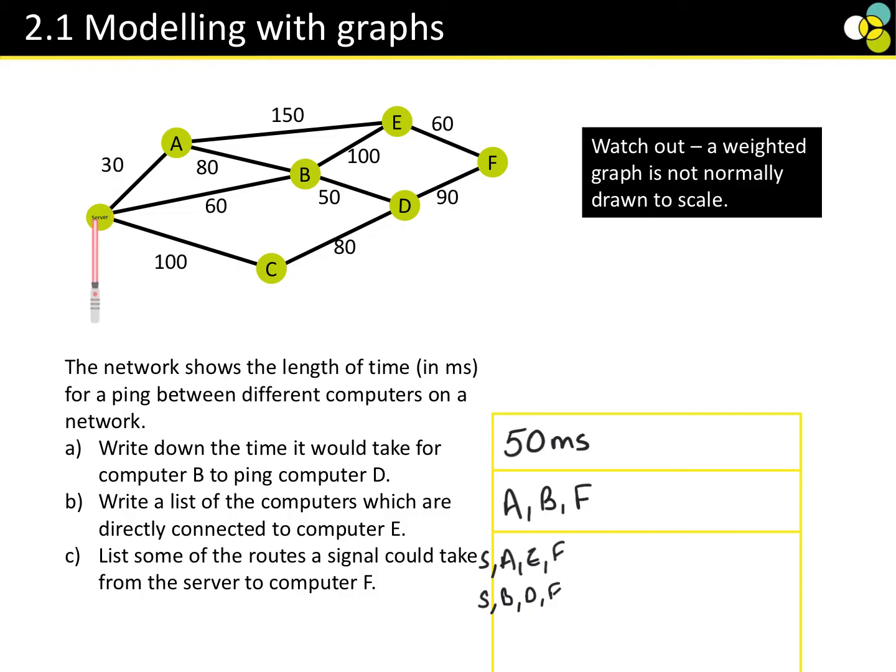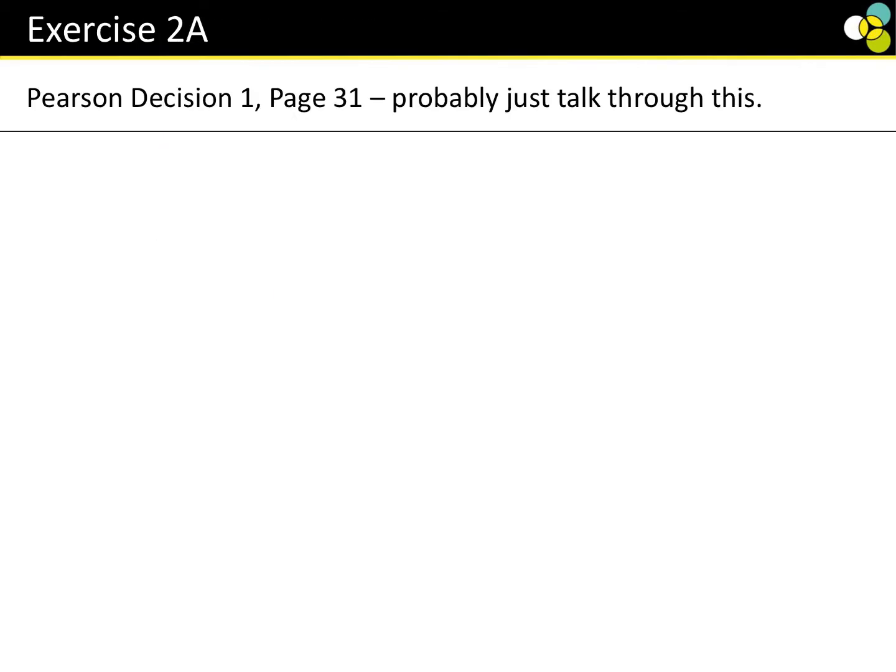And then from the server, we could also go CDF. There's another way we could go, server BEF. We could go server ABDF. There are multiple ways we can do it. As long as you can understand that there are multiple routes, that's perfect. Does anyone have any questions with this at all? If you do, there are some questions available to you.